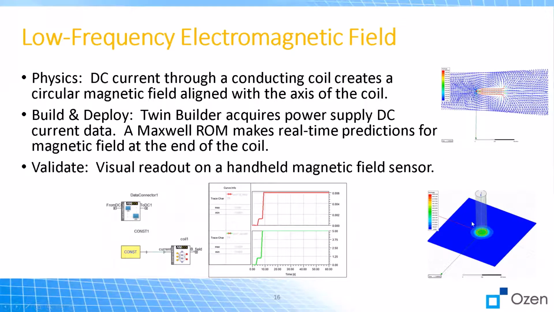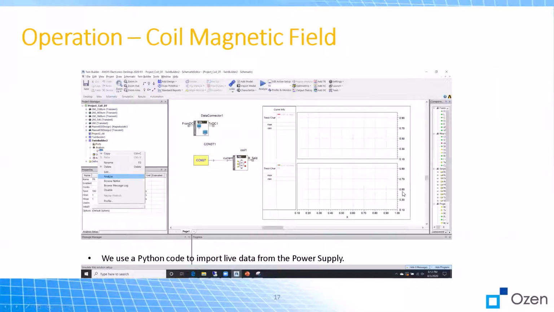And then based on ANSYS Maxwell, we create a ROM that will be used to provide the current and then extract the magnetic field of the coil, and then we measure it using a sensor for validation. So we create the model, create the ROM, and then validate it based on a magnetic field sensor.